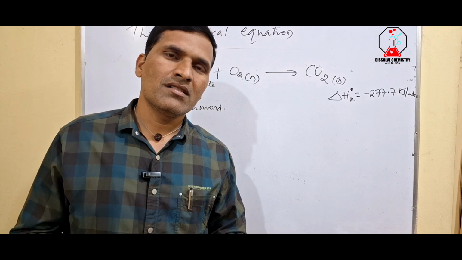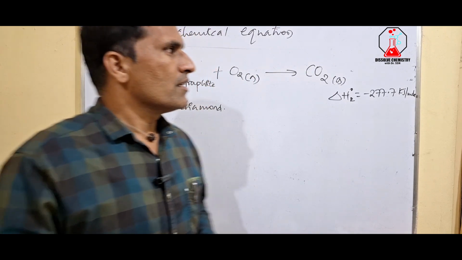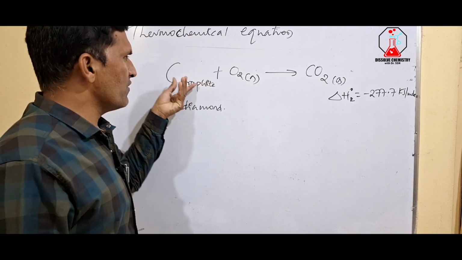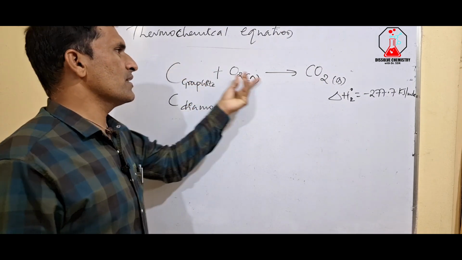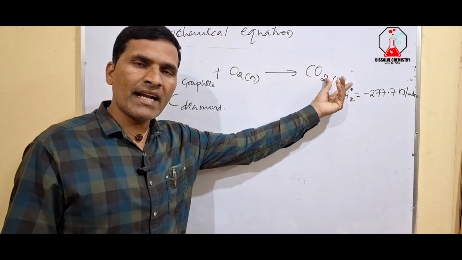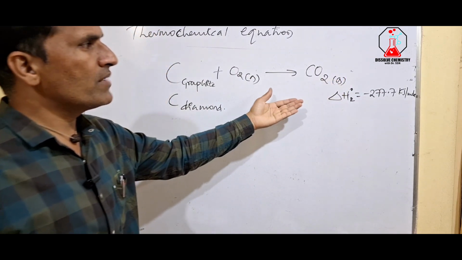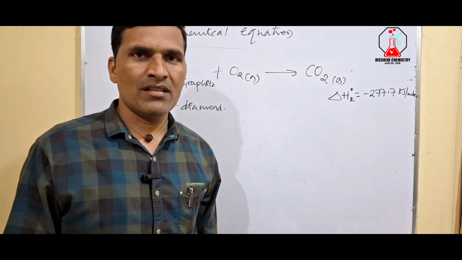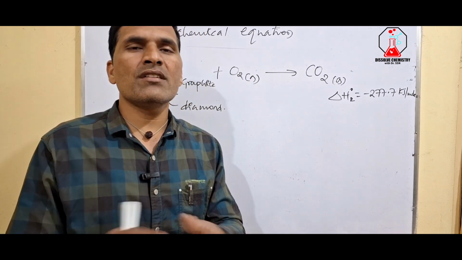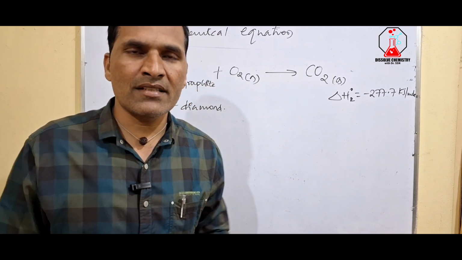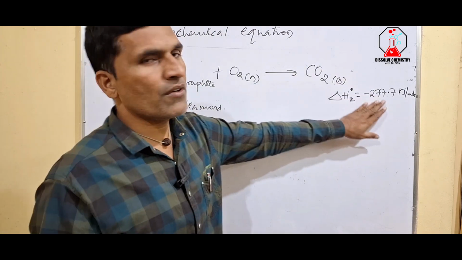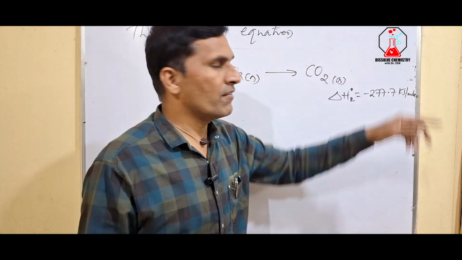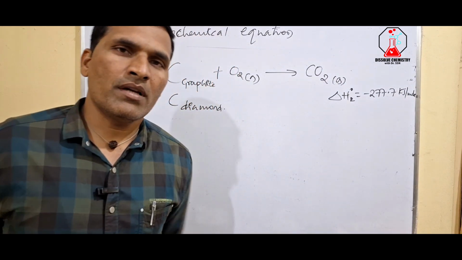Here, if you are writing a balanced chemical equation along with the physical states of the reactants and the products, and apart from that, you also mention the change in enthalpy of the reaction, or whatever exchange of energy takes place during that reaction, then that particular equation is called a thermochemical equation.